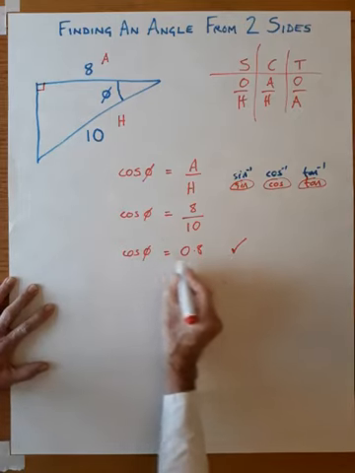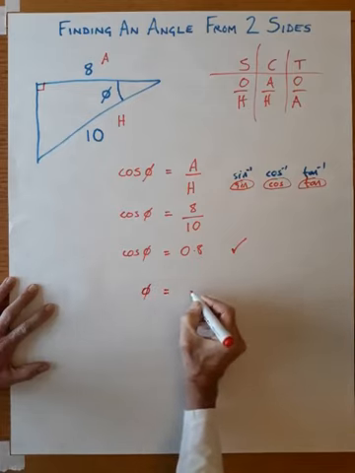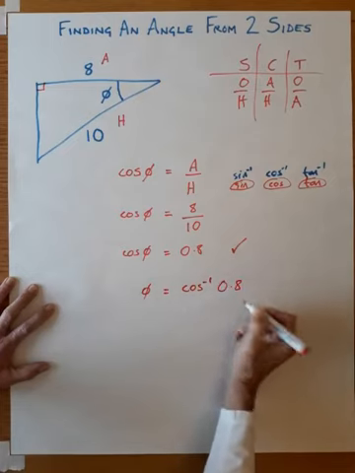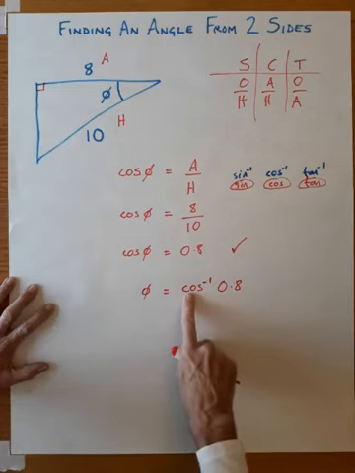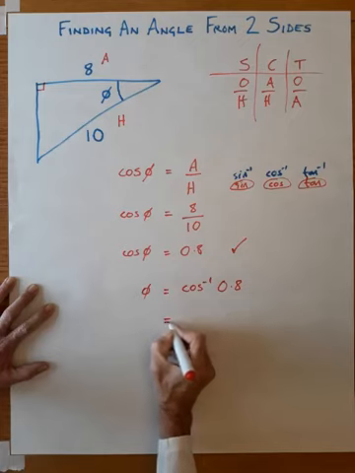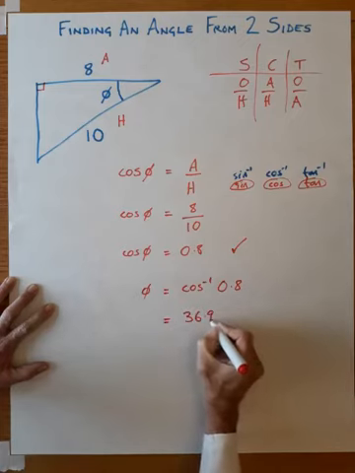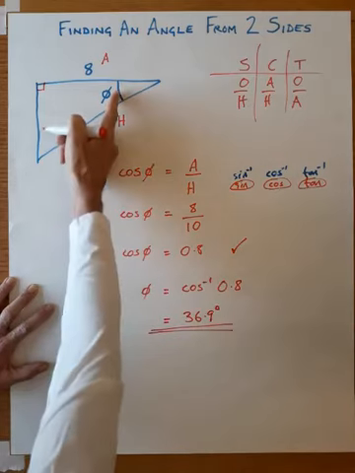We've got cos phi is 0.8, phi is cos to the minus 1, 0.8. So if you do the key sequence, cos to the minus 1, 0.8, and you hit equals, you will hopefully come up with 36.9 degrees. And that is the angle phi.